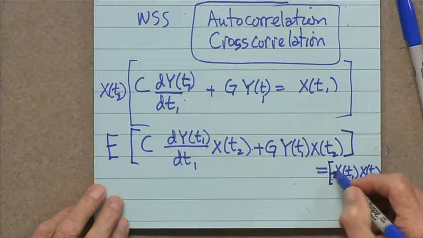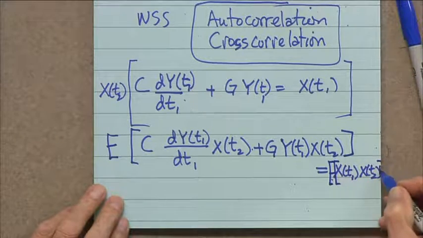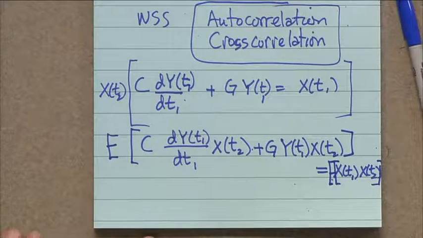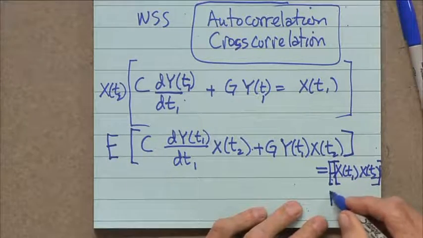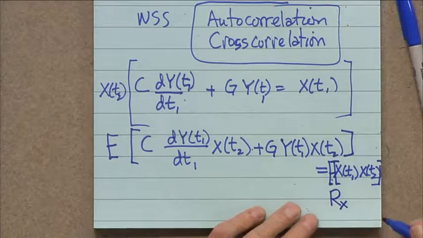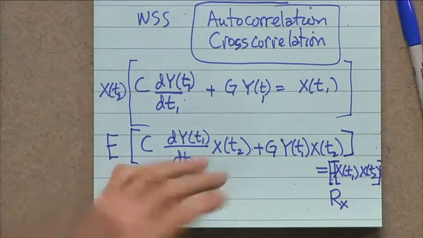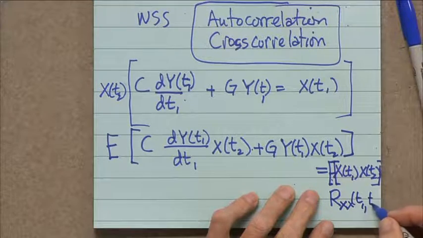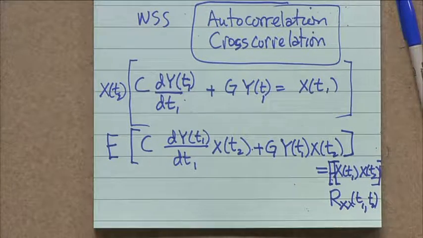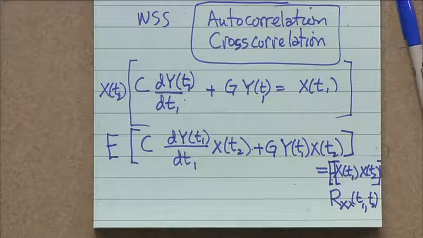This expected value is Rxx, T1, T2, the autocorrelation function. Wide-sense stationary, it only depends on the difference, the absolute value of T1 minus T2.